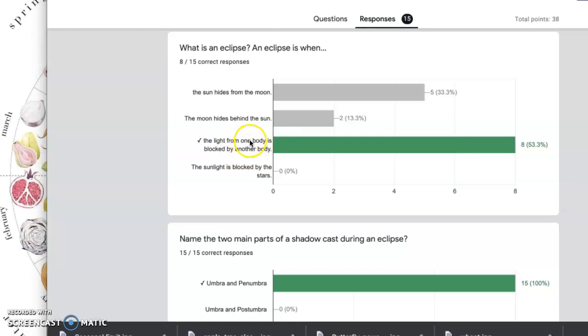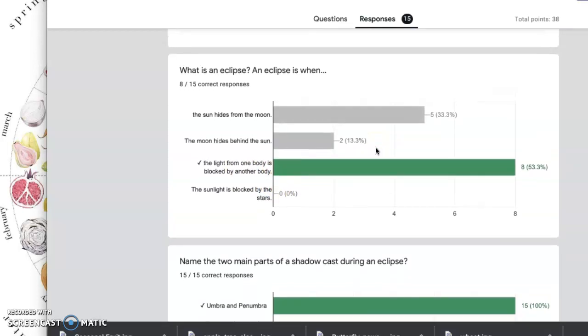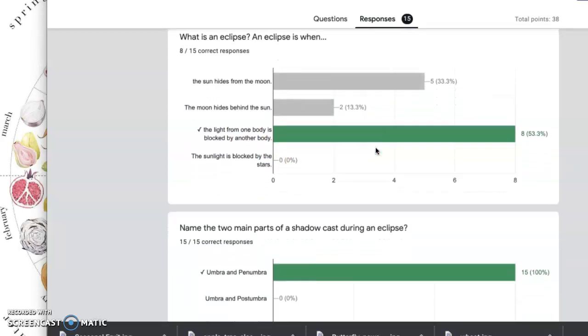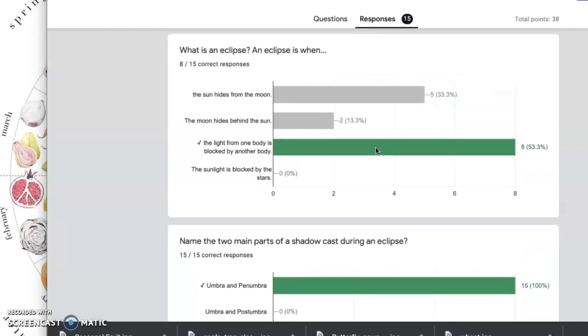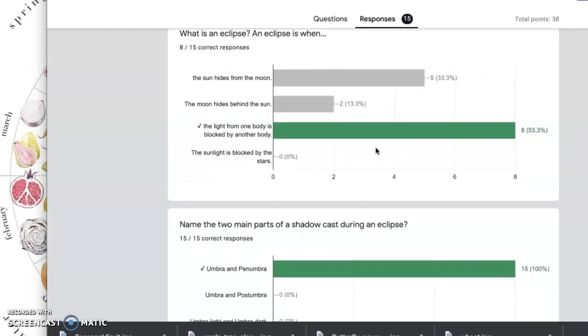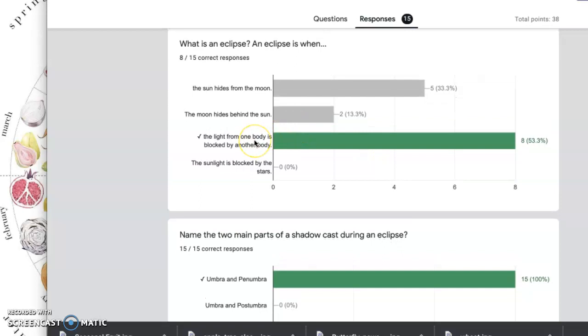So we're talking here about a celestial body. So the light from the sun is being blocked by either the earth or the moon. This is one of the most missed questions, so I thought I'd go over that one in detail.